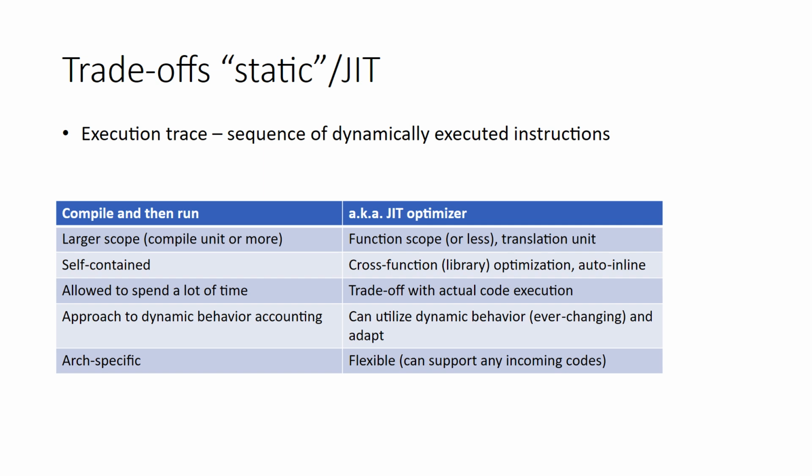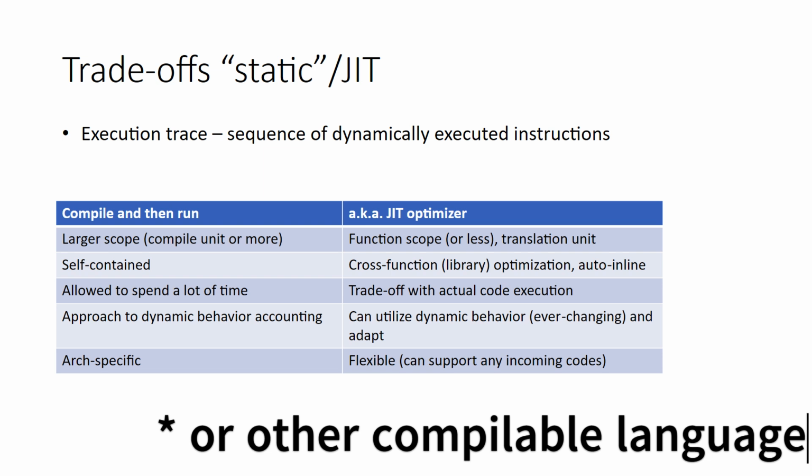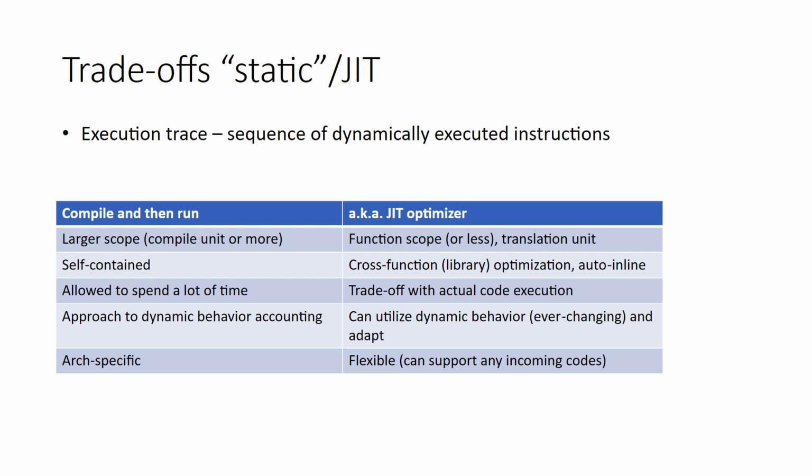So if you take something with which you can compile and then run, it has a larger scope for looking for code patterns and ways for optimization. That's a compile unit like a C file, or even more if we are talking about link time optimizations.